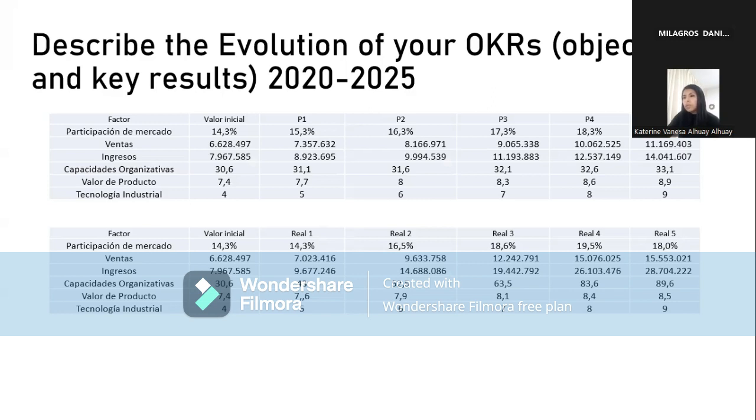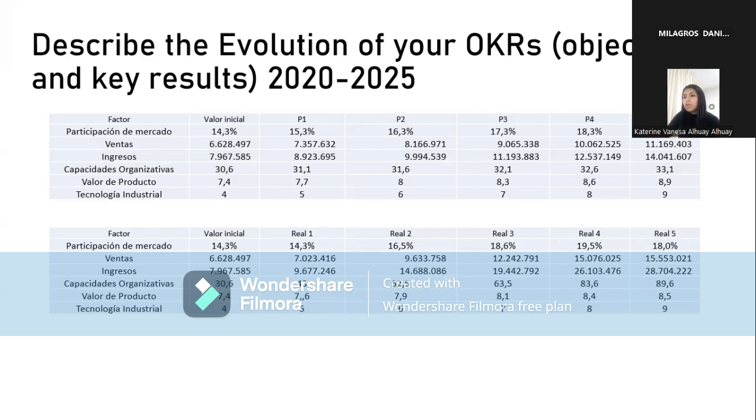Okay, for example, participation of the market 14.3% in real 1, 14.3% real 2, 16.5% real 3, 18.6% real 4, 19.5%, and real 5 18.0%. This is according to the budget. Okay. Real 1, 2, 3, and 4.